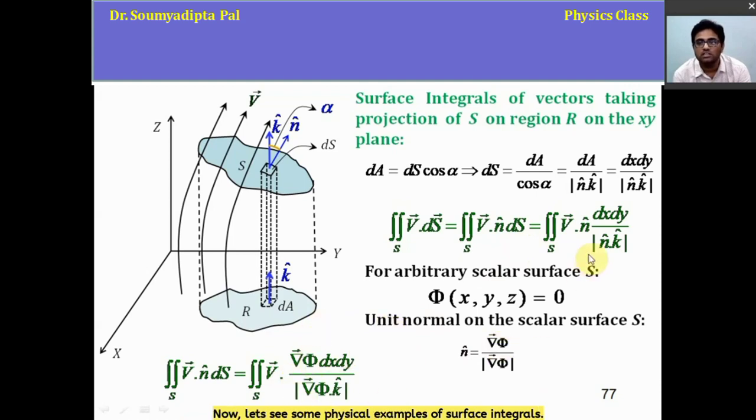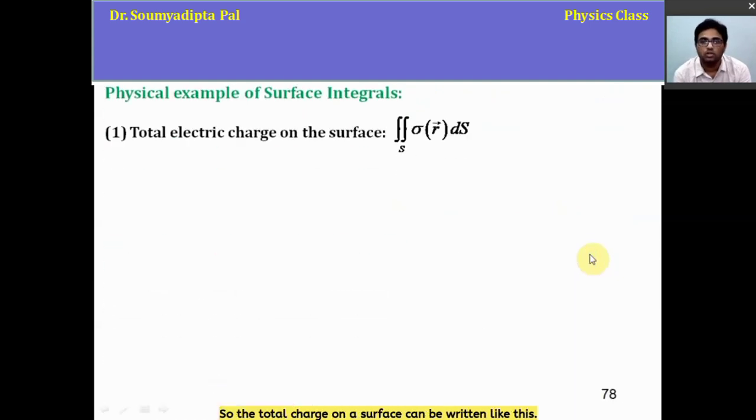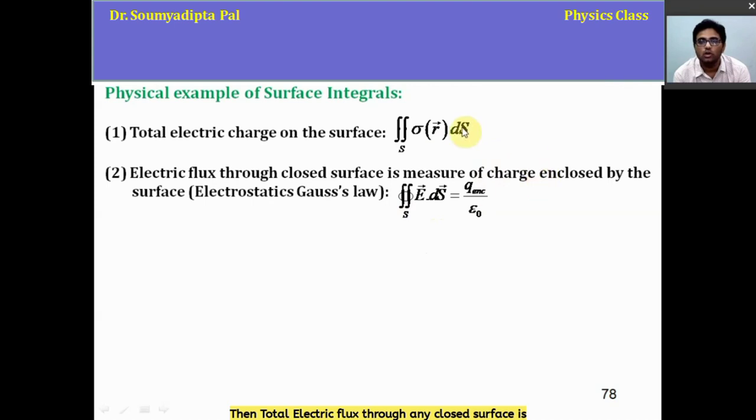Now let's see some physical examples of surface integrals. The total charge on a surface can be written like this, where sigma is the surface charge density. Then the total electric flux through any closed surface is actually the measure of the charge enclosed by the surface, and that is the closed surface integral of E dot ds equals Q enclosed divided by the free space permittivity.